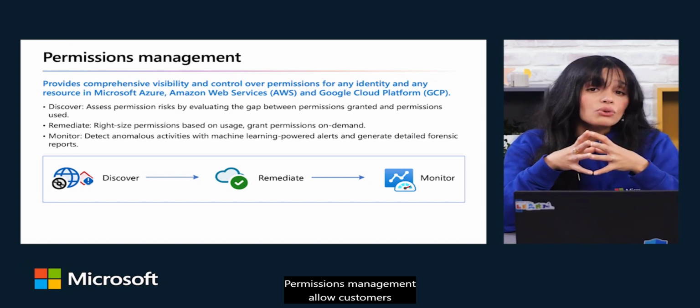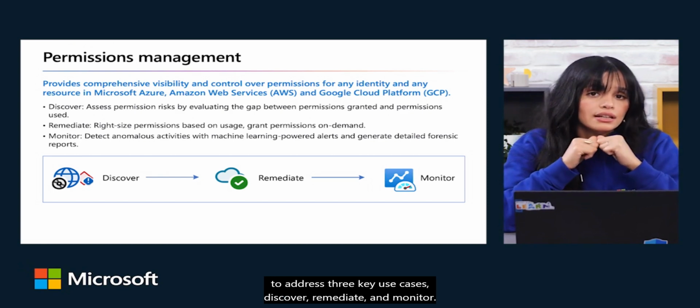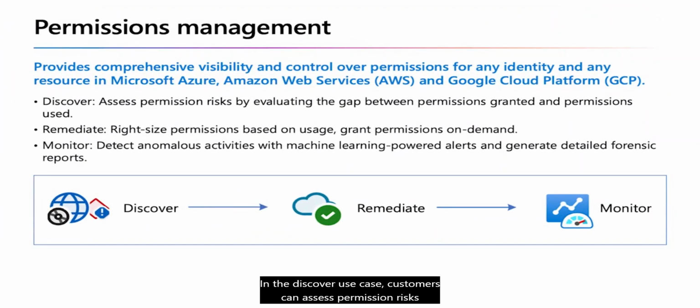Permissions management allows customers to address 3 key use cases: discover, remediate, and monitor. In the discover use case, customers can assess permission risks by evaluating the gap between permissions granted and permissions used.